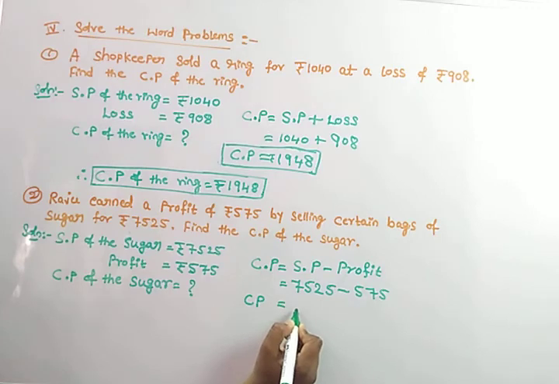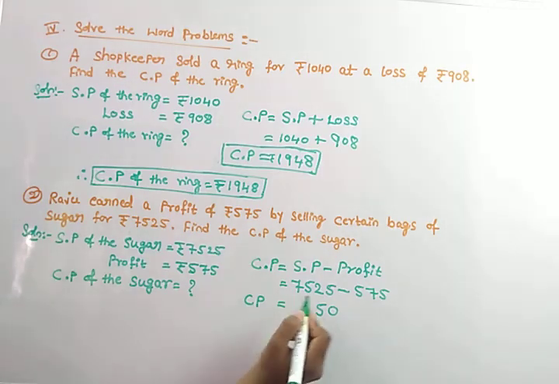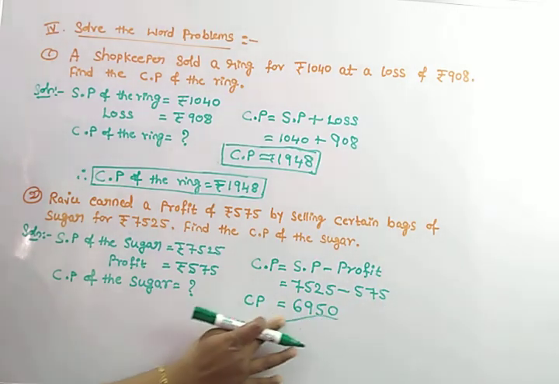So subtract now. 5 minus 5 is 0, then 2 minus 7 we can't, so 12 minus 7 is equal to 5. Then 4 minus 5 we can't, so 14 minus 5 is equal to 9, then here 6. If you want, do the subtraction here. So this is the cost price.